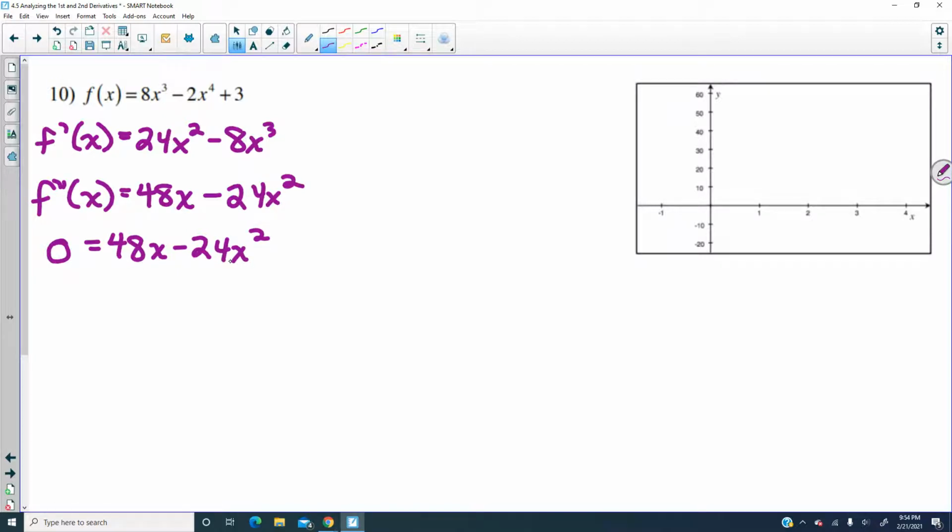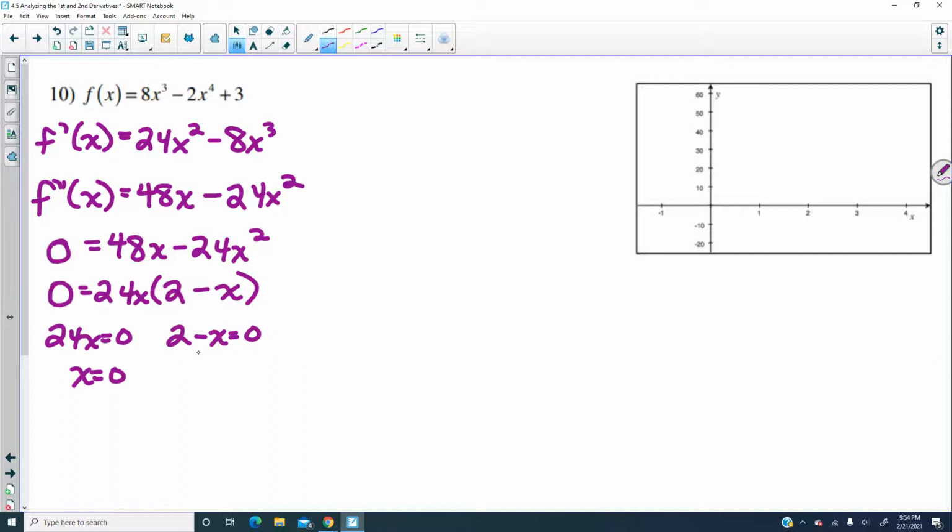I can factor out a 24x, and then I would be left with 2 minus x here. If I set each factor equal to 0, 24x equals 0 and 2 minus x equals 0, so x would be 0, and x would equal 2. These are my critical numbers.